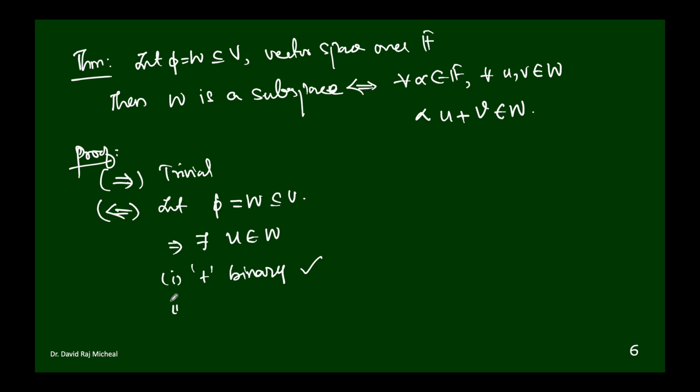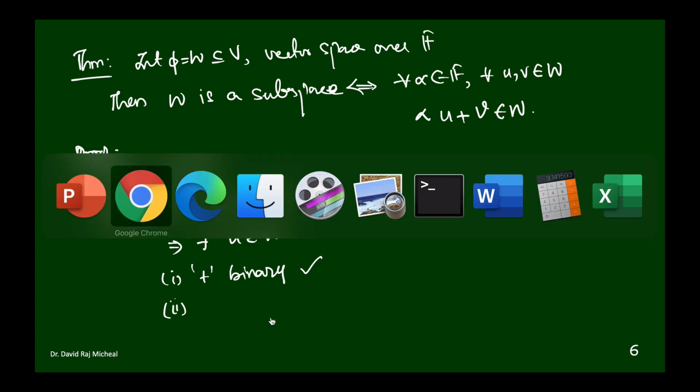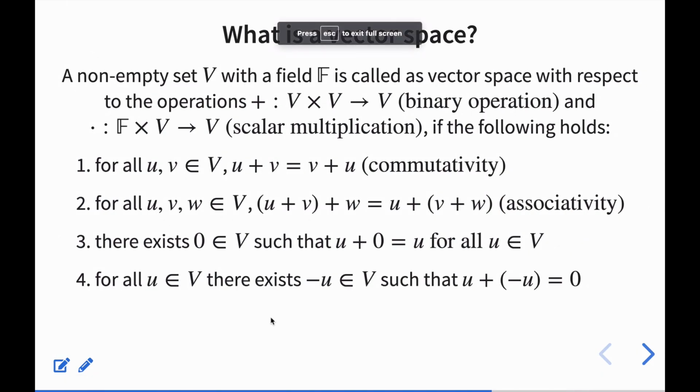The second thing I have to check is the commutative property and the other properties. But if you clearly watch, the commutative property and some of the other properties need not be verified. Why? Because look at the definition of a vector space over here, from the previous lecture.